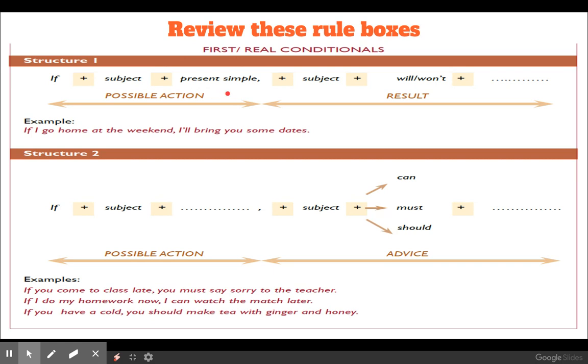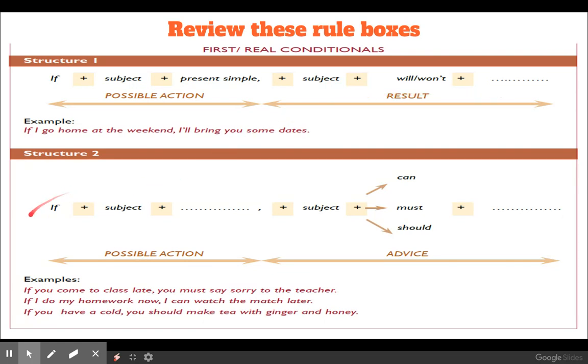This is very important for first conditional. We're talking about real conditionals. In first conditionals, we're using present simple. Then in our result clause, we're going to have a subject plus will or won't, a modal verb. Again, this is first conditional, so we're using present simple and a modal. We're going to look at that in just a second.